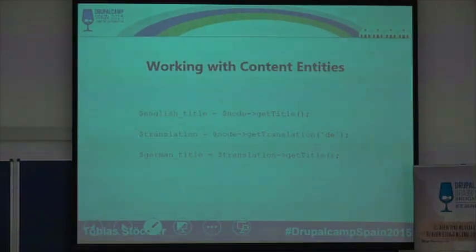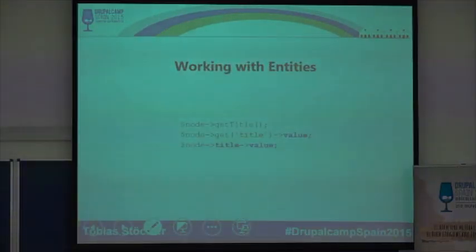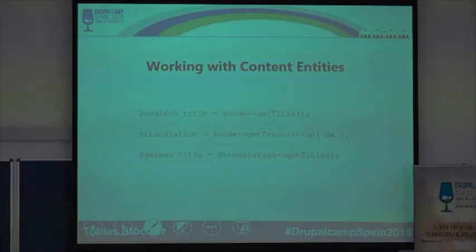But if you want to use entity translations from code, it's also very, very easy. Each entity has a getTranslation method. And the fancy thing about this getTranslation method is that this translation is again a node object. So we started with a node object, which I prove to you by using the getTitle method.